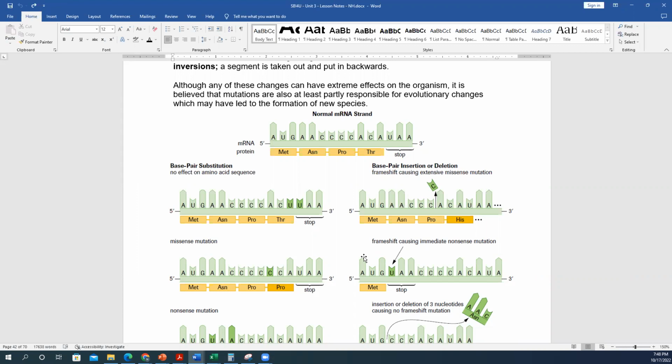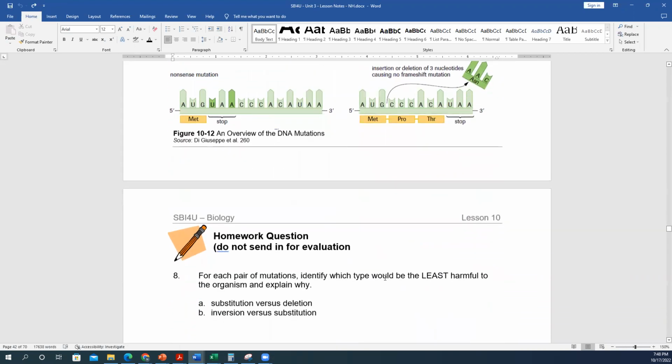And that's at least partially how evolution may have taken place.